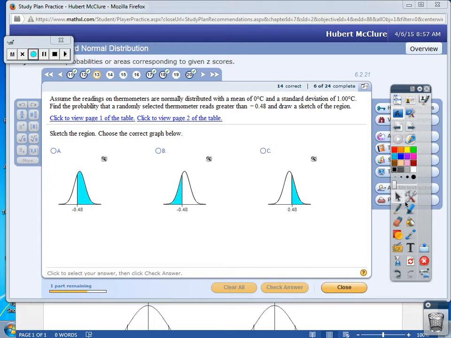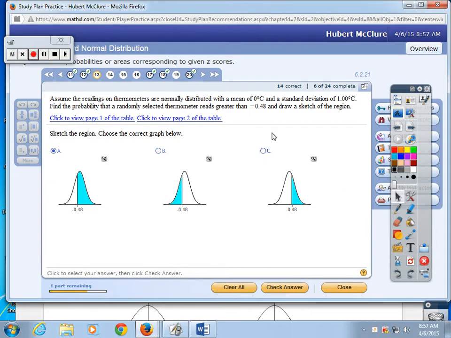Of course, A is your picture. So we need to look up negative 0.48, and that'll give us the left-hand side, but then we have to subtract that from what? 1, because we want to know the right-hand side.